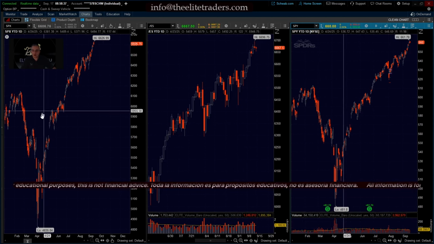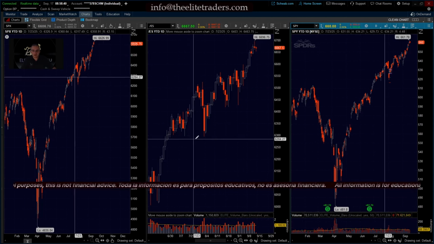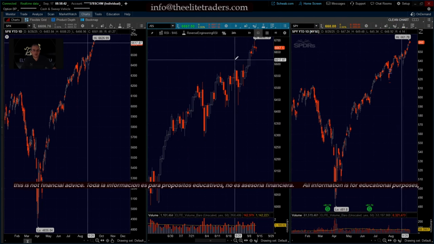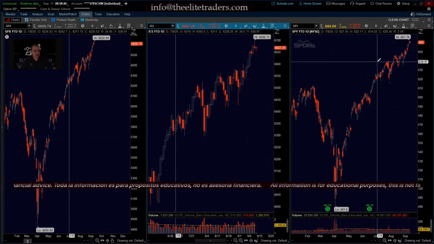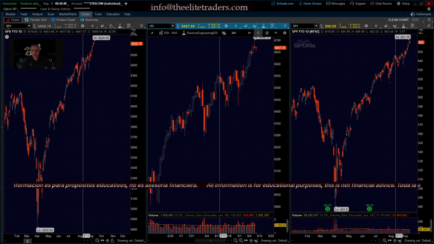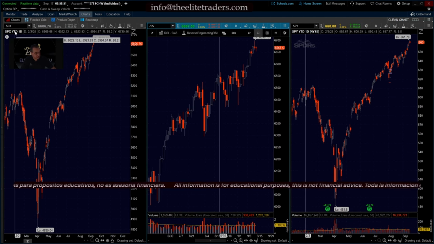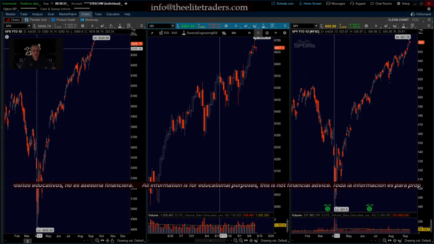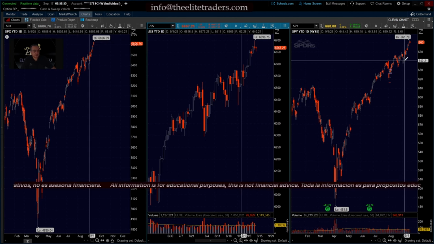So whether you're going to trade the index, the futures contract, or the ETF, the product you should always keep an eye on is the SPX, the index, because that is the one that dictates how this stuff reacts.